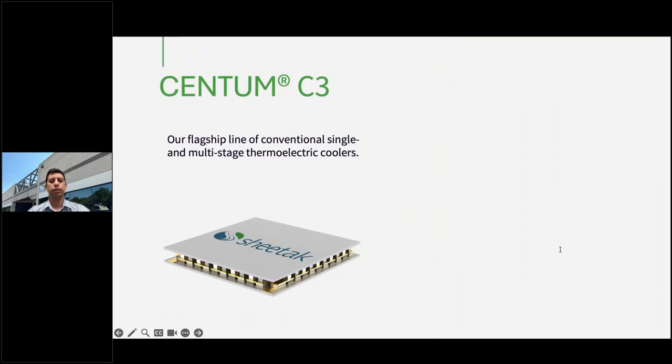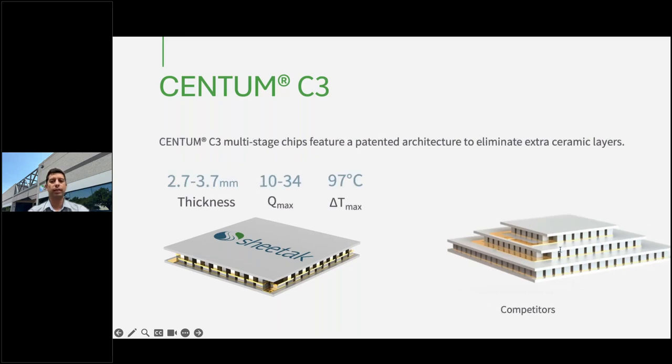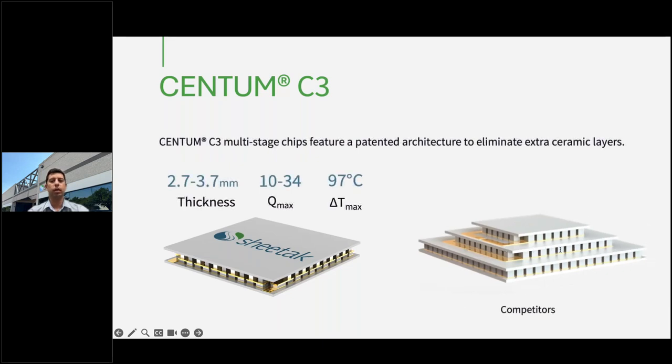Centum C3 is our family of single-stage and multi-stage conventional TECs. We go from sizes of 20 by 20 millimeters to 60 by 60 millimeters. In particular, with our flagship two-stage TEC, compared to our competitors, we have accomplished removing the ceramics in the middle and replacing them with copper links, while still reducing the thermal conductivity.